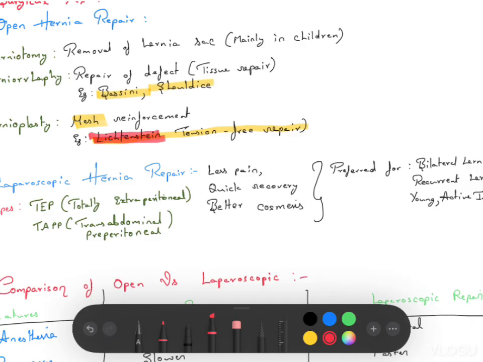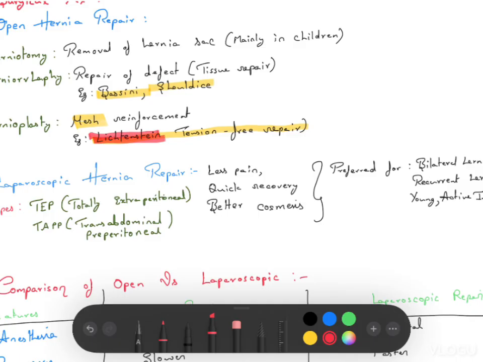Then we do sac management: we dissect, ligate or excise. For an indirect hernia, we reduce the sac and repair the posterior wall. Then we do mesh placement. The mesh, mostly polypropylene, is placed over the posterior wall; the main purpose is tension free reinforcement.